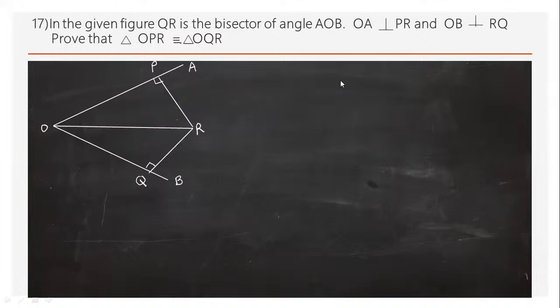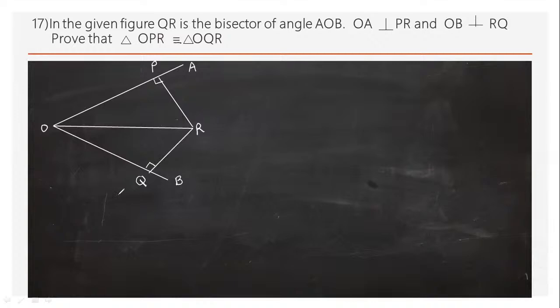OA is perpendicular to PR, that is true, and OB is perpendicular to this one. Prove that triangle OPR is congruent to triangle OQR. They have only given that this is the bisector of this angle, so we can do this question.